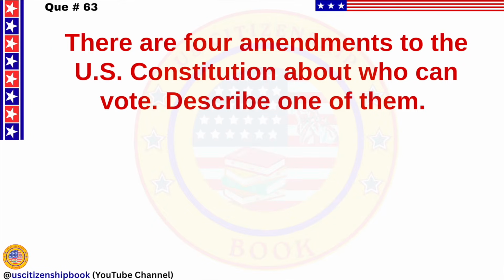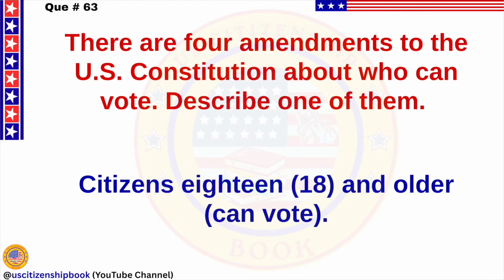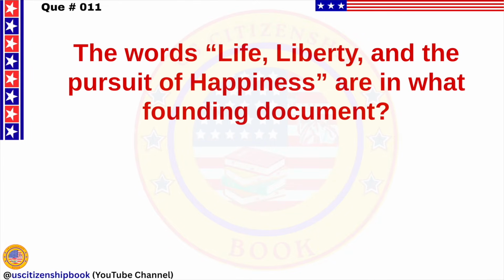There are 4 amendments to the U.S. Constitution about who can vote. Describe one of them. Citizens 18 and older can vote. The words life, liberty, and the pursuit of happiness are in what founding document?